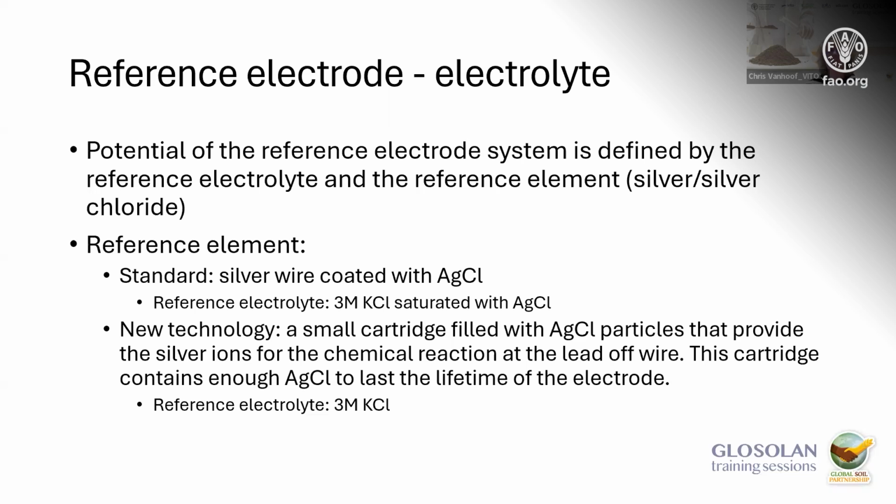This cartridge also contains enough silver chloride for the full lifetime of your electrode, so you don't have to do any maintenance on that electrolyte system. As reference electrolyte, only saturated potassium chloride is used, and no silver chloride has to be added later on.